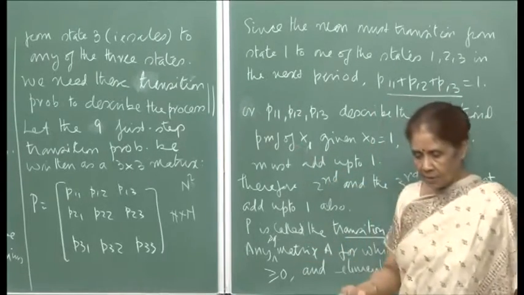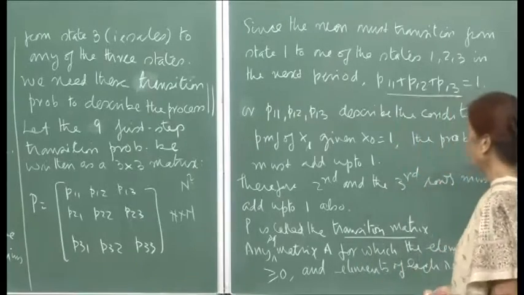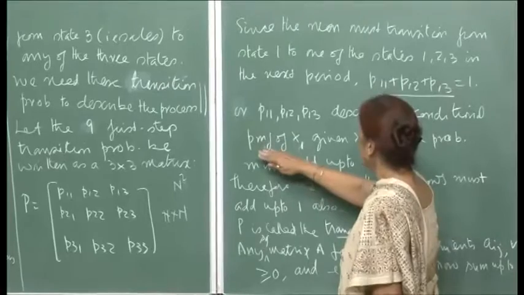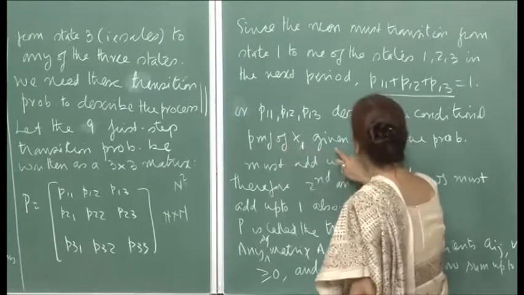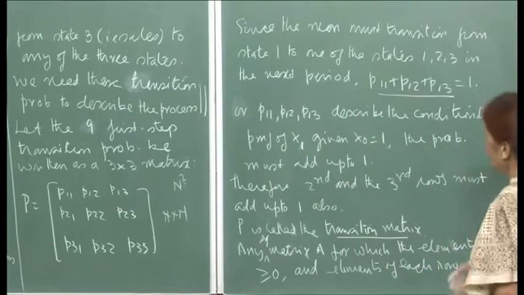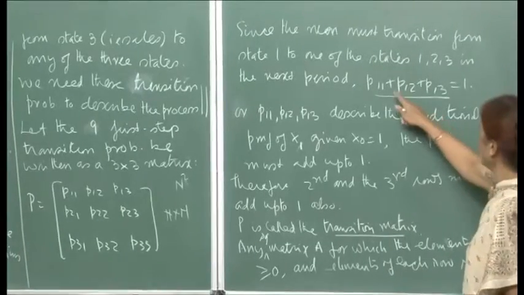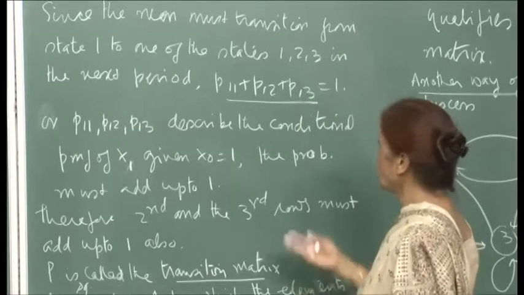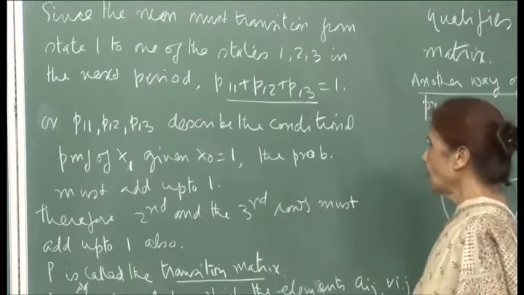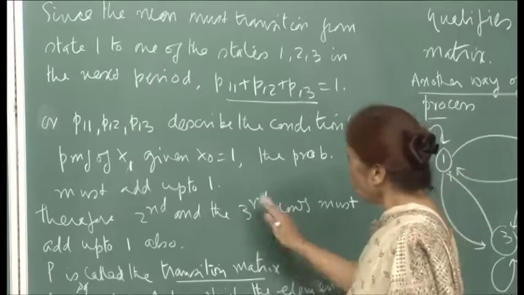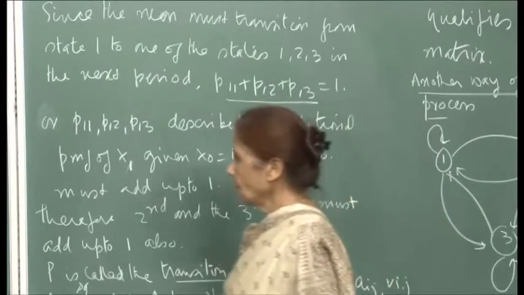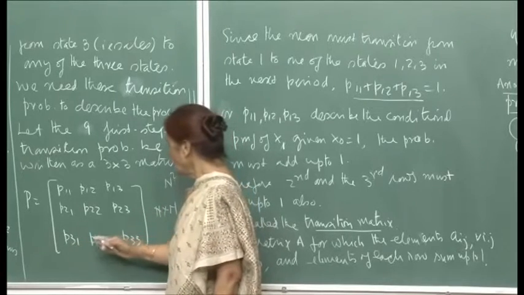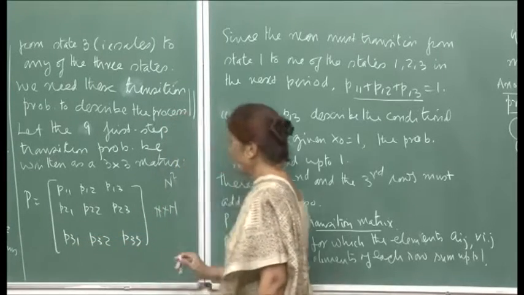Remember, we have talked about it while talking about conditional probabilities and conditional expectation. So this is the conditional PMF of X1 given that X naught is 1. Since these 3 numbers describe the conditional PMF, they must add up to 1. In the same way you can argue that the second and the third rows must also add up to 1. That means P21 plus P22 plus P23 is equal to 1, and P31 plus P32 plus P33 is 1.